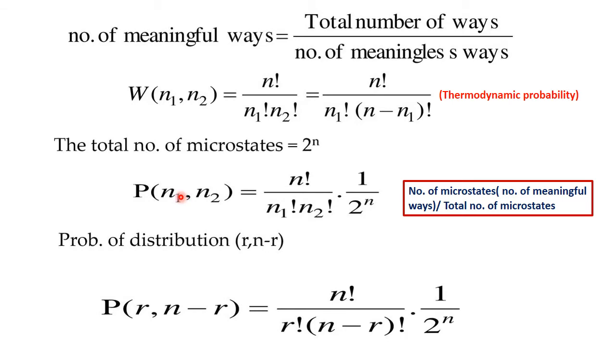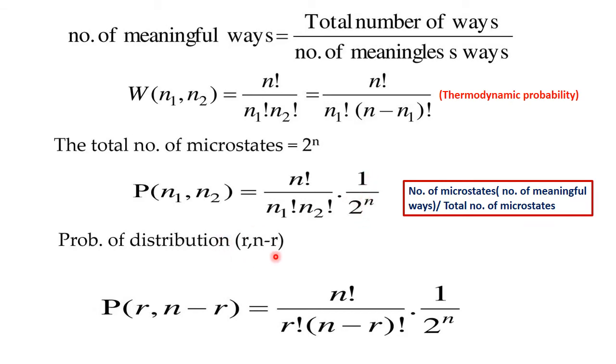So the probability of the system will be n factorial divided by n1 factorial into n2 factorial, multiplied by 1 upon 2 raised to the power n, because in the previous lecture we calculated that the probability of distribution of particles is the number of meaningful ways divided by the total number of microstates. Here the number of microstates is 2 raised to the power n.